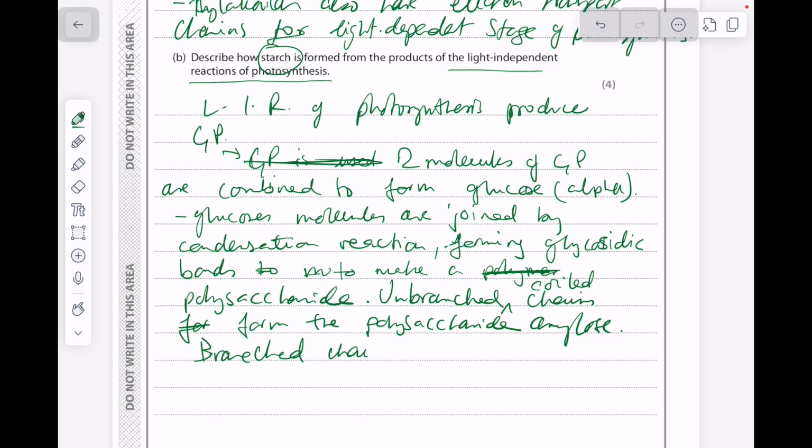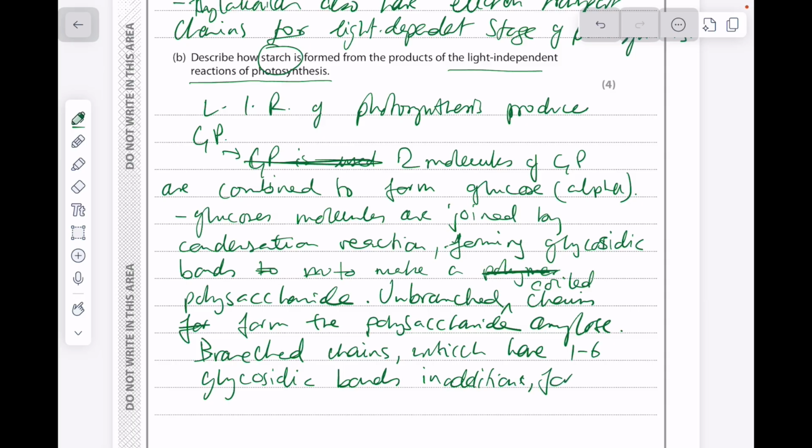Branched chains which have 1,6, maybe I should have said 1,4 glycosidic bonds. Glycosidic bonds which have 1,6 glycosidic bonds in addition form amylopectin.